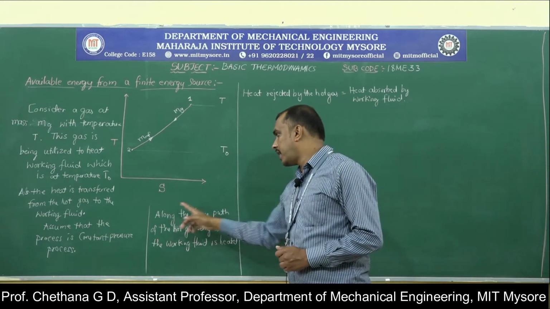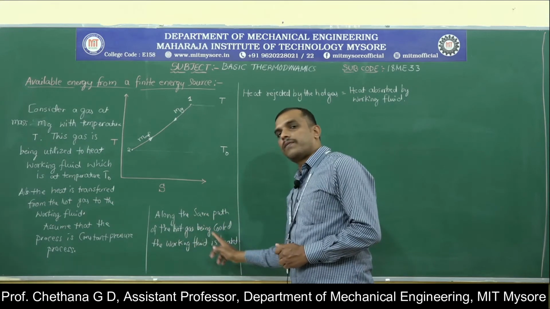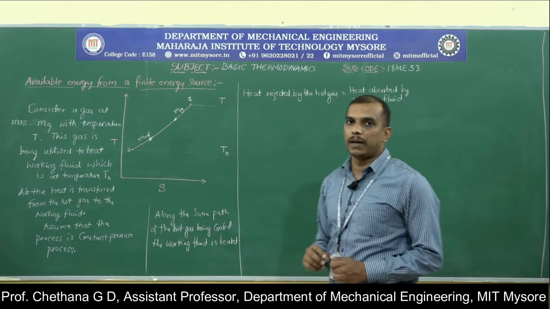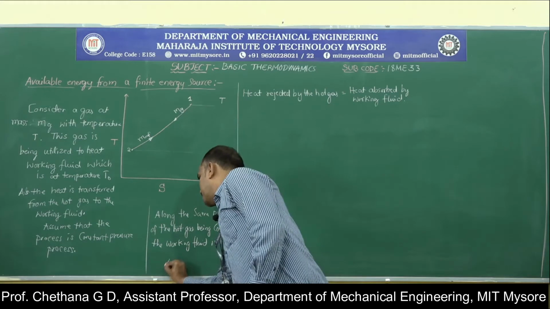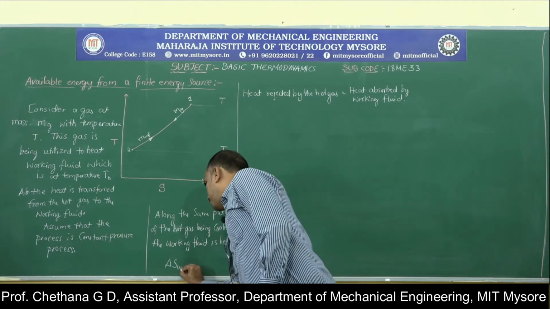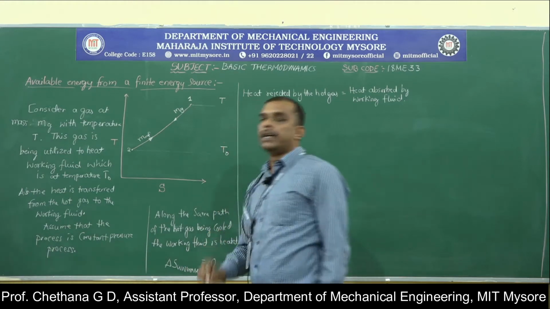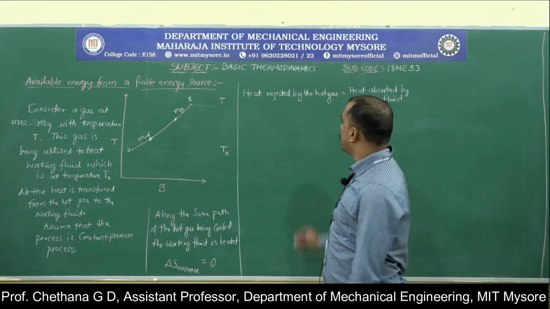That is why we are saying along the same path the hot gas is being cooled and the working fluid is also getting heated up, such that the change in entropy of the universe will be equal to 0.